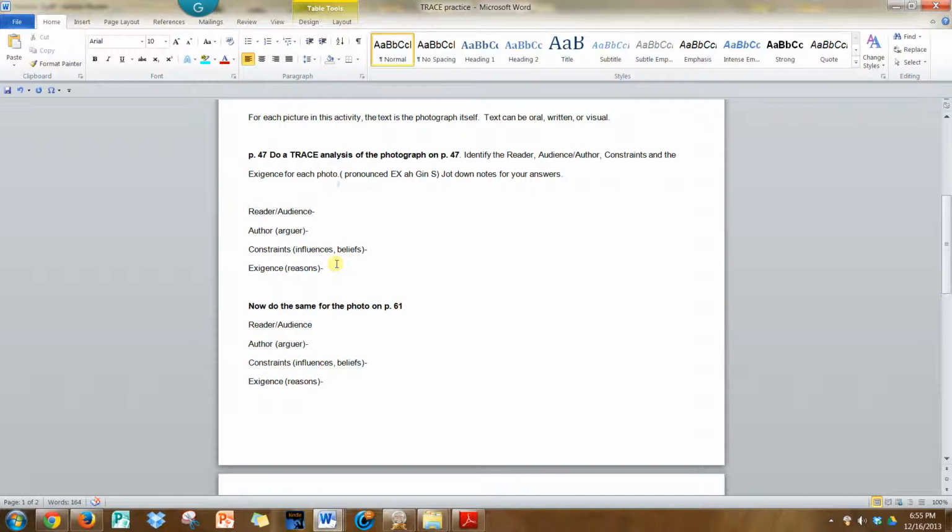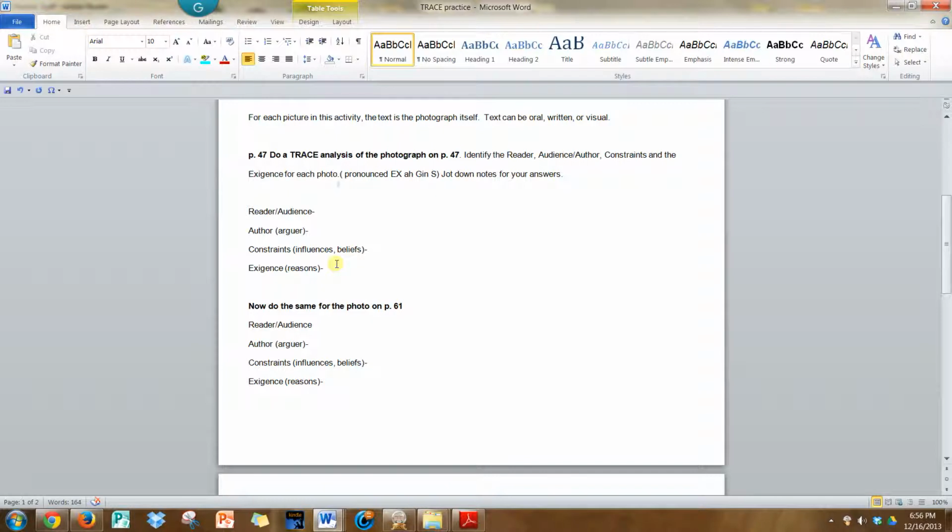You would go through each photograph as you see on these different pages and work through what is the reader or the audience, what is the author or the arguer, what are the constraints, and what is the exigence of each photograph. You're going to see a variety of photographs, and this is what you think it is. It's your best guess. It's an approximation of what you think each of these areas are.